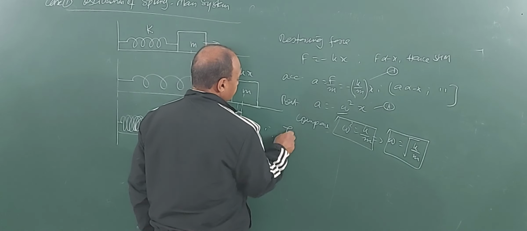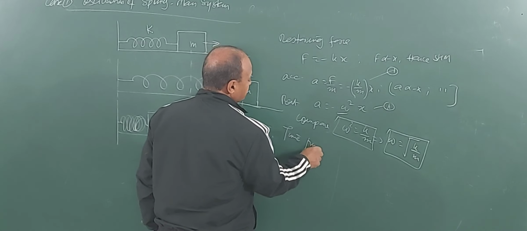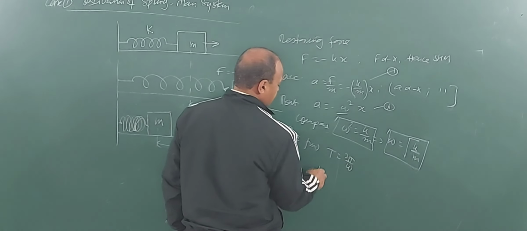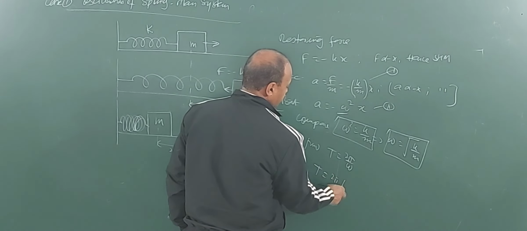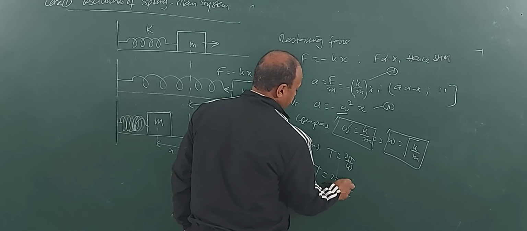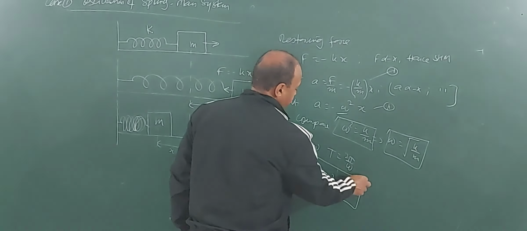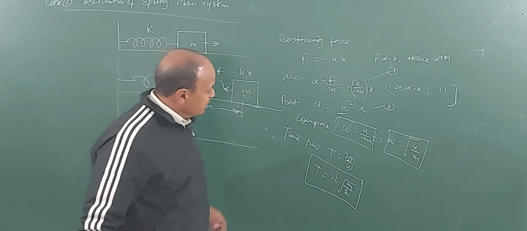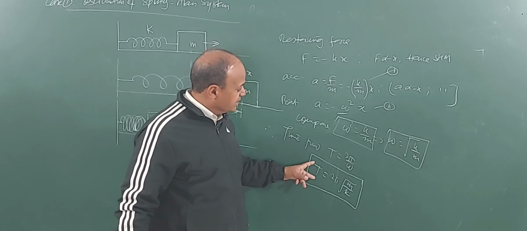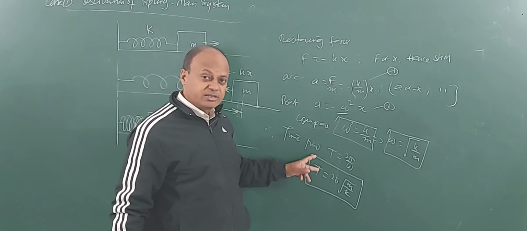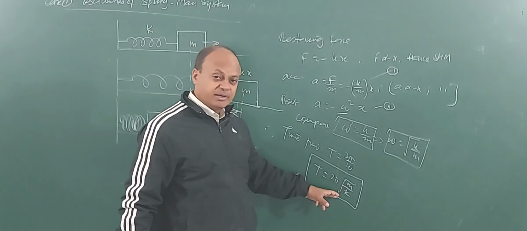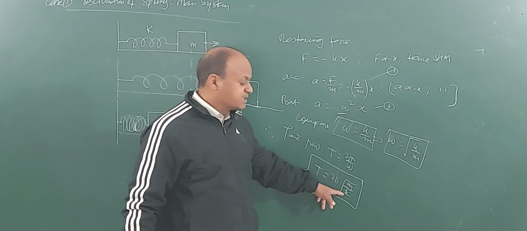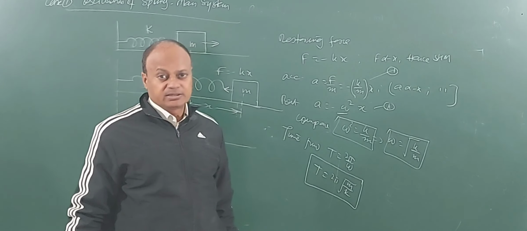Therefore, the time period T will be 2 pi by omega, and if I put the value of omega, then T becomes 2 pi root over m by k. So we come across a very simple equation for the time period of a mass attached to a spring: 2 pi root over m by k, where m is the mass and k is the spring constant, right?